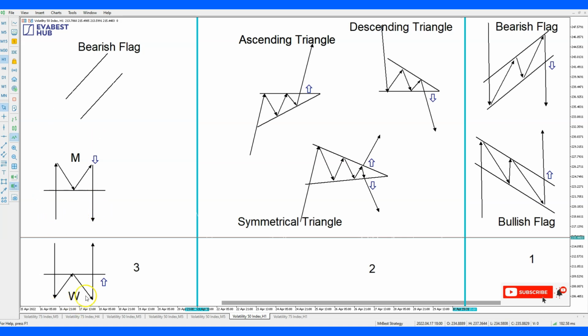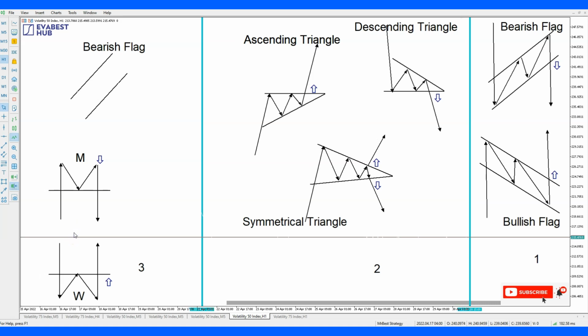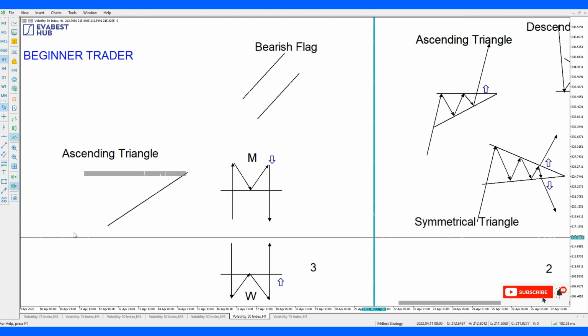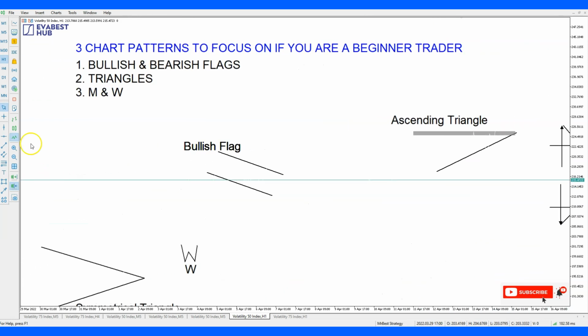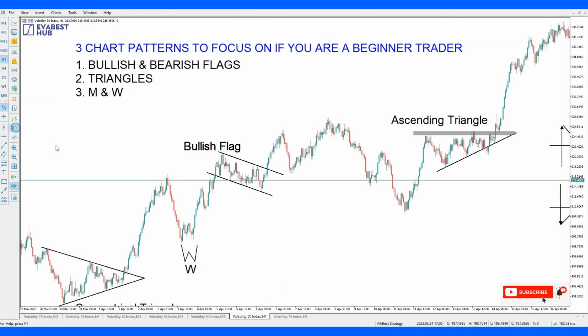But for this video, I just explain it as a reversal pattern. In a subsequent video in the future, I will explain how you can use M and W as a continuation pattern. All right, so enough being said, let's look at how we can spot these chart patterns in our live market and how we can use it to trade.